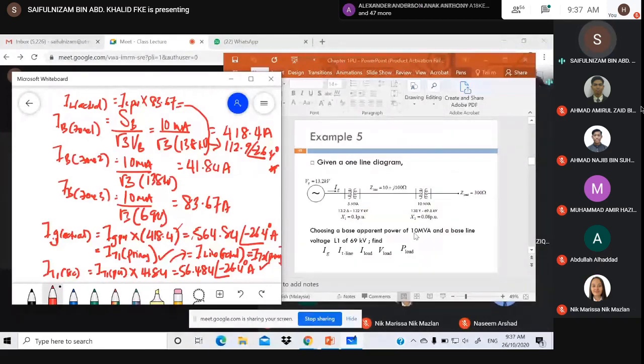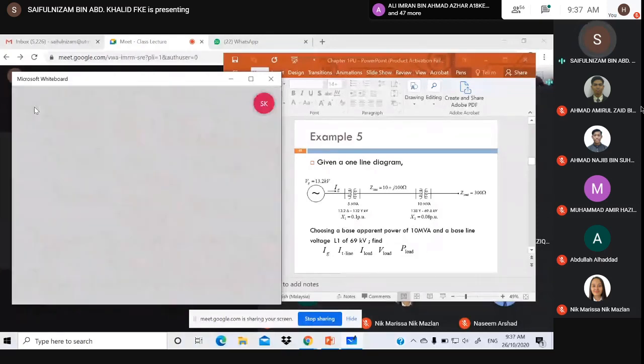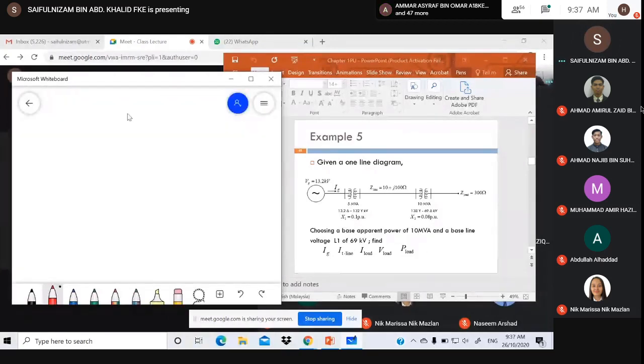V load and P load, right? So what is the V load, the load voltage? V load PU equals I load PU times Z load PU, right?